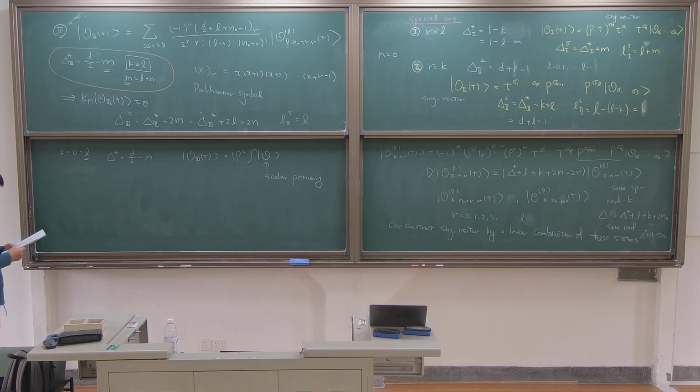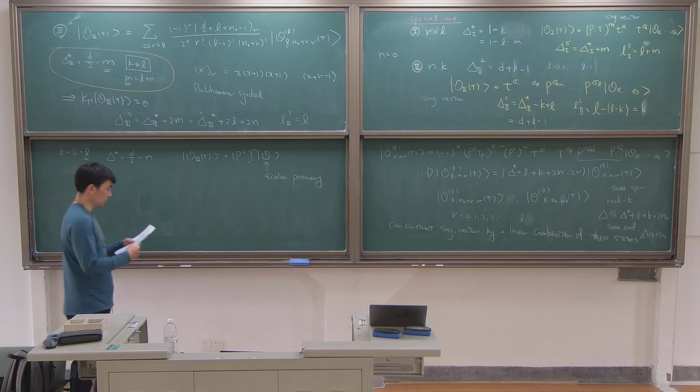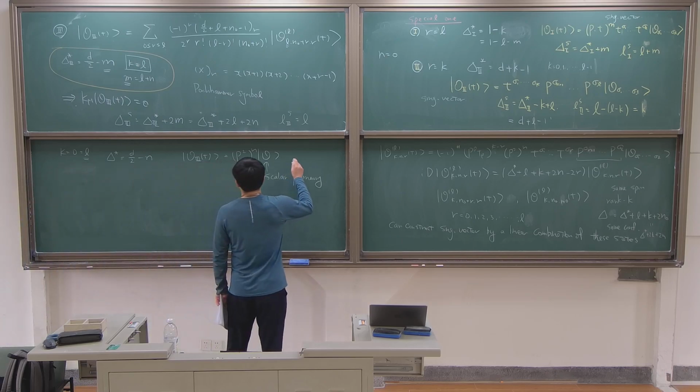And then p square to the n acting on O is equal to 0. So this is a singular vector.